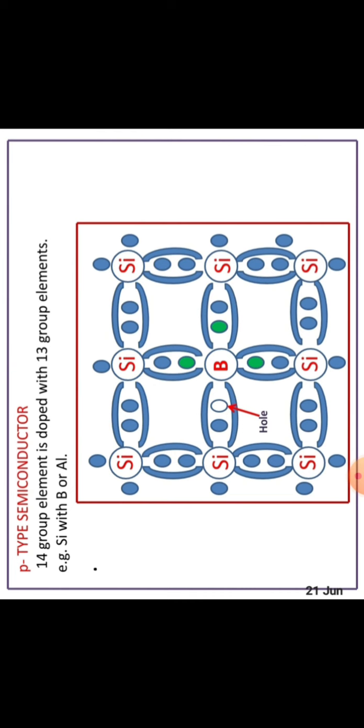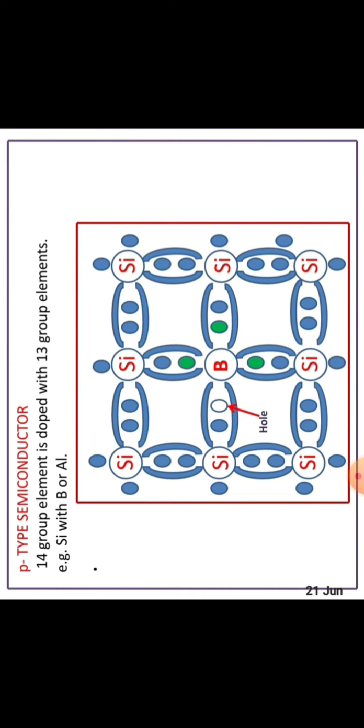So here the conductivity is due to the movement of holes, and the direction of movement of the hole is the direction of flow of electricity. It means if the hole moves to the left side, left side electrons are taking its place. So if the hole moves left, then electricity also will be conducted to the left. So the direction of movement of the hole is the direction of electricity.